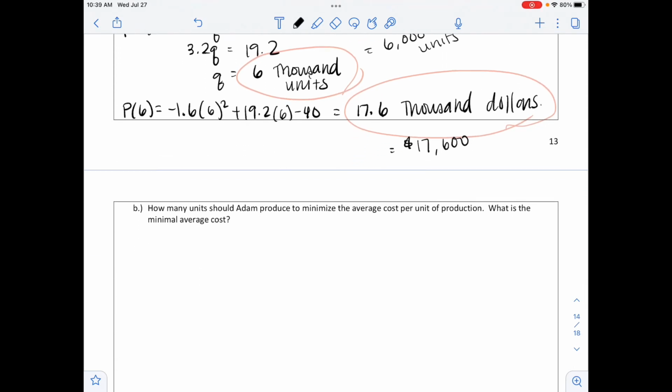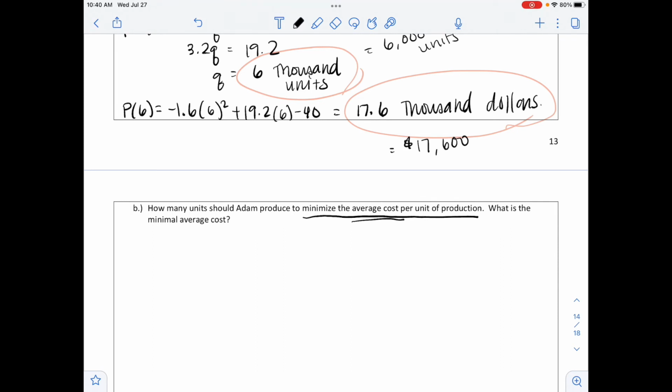Part B says how many units should Adam produce to minimize the average cost per unit of production? So this time we're minimizing the average cost per unit of production. And then it says what is the minimal average cost?